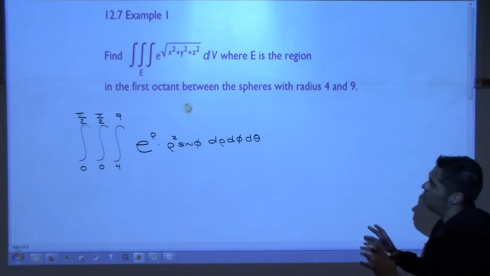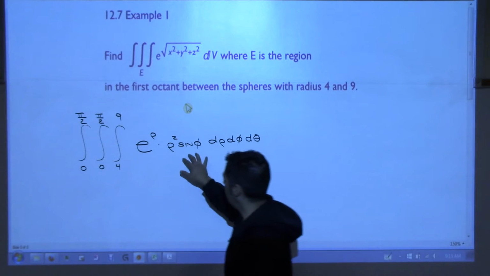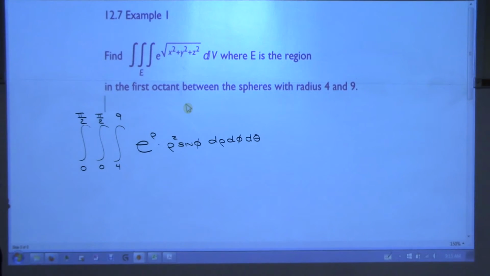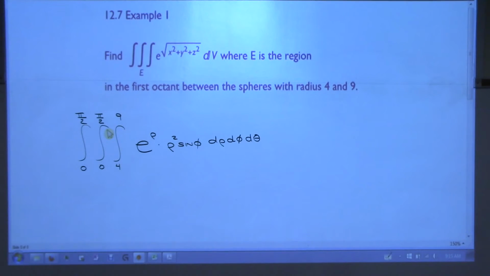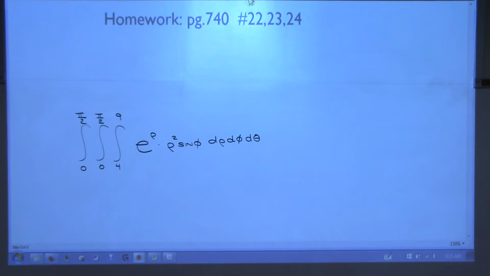This is really just a matter of converting to spherical and making sure you get all the pieces of the integral set up properly. All right, let's look at the next example. Oh, well, actually, that's the homework assignment.